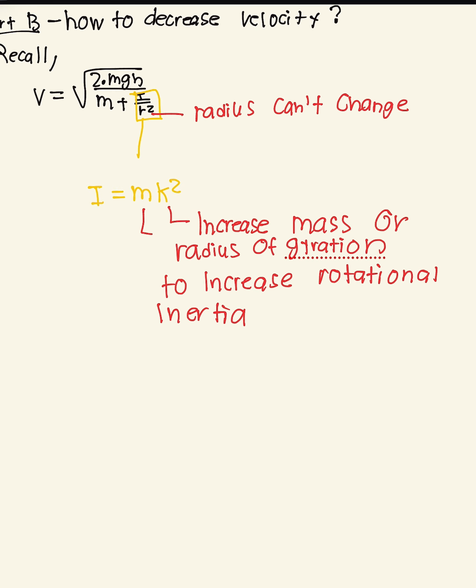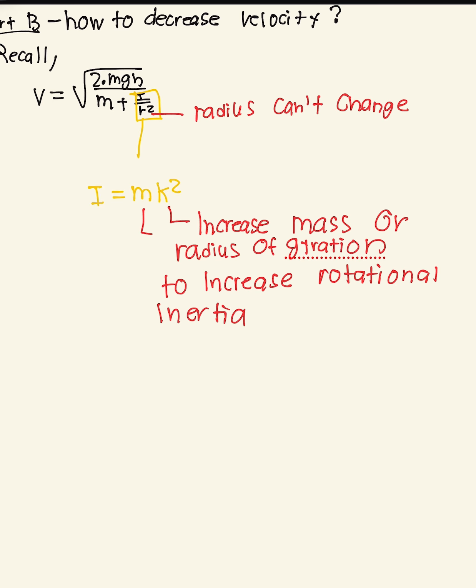Since the shape of the system cannot change, the only thing we can change is the inertia. So the first thing we can do is increase the mass of the system, which is going to increase the denominator, and it's going to decrease the velocity.